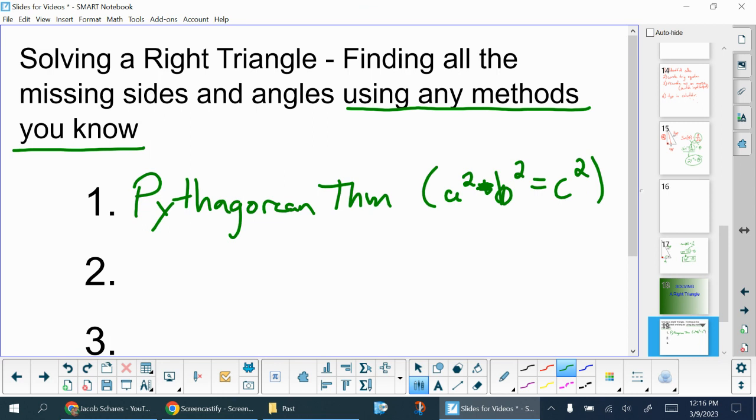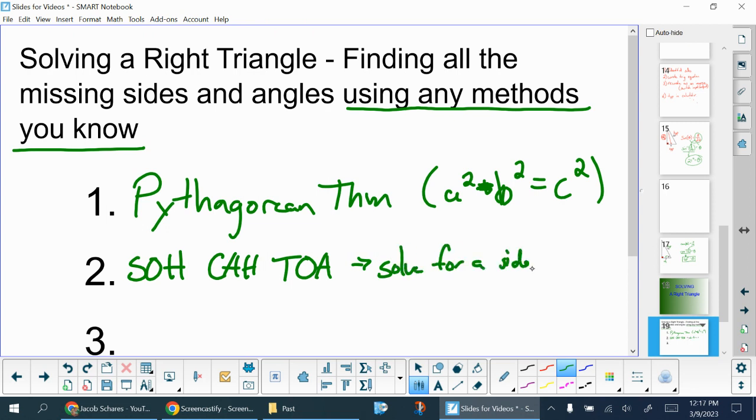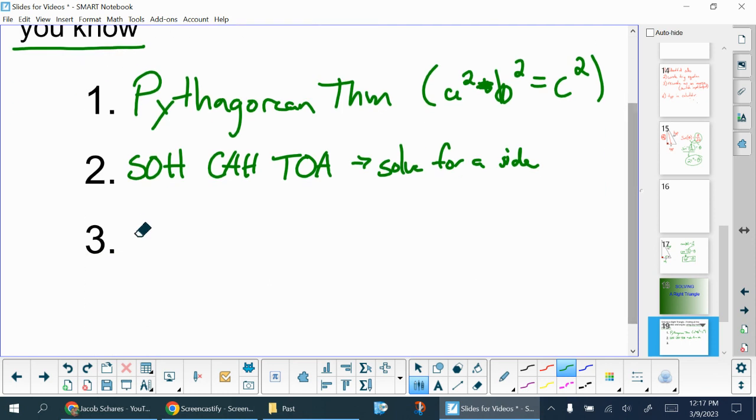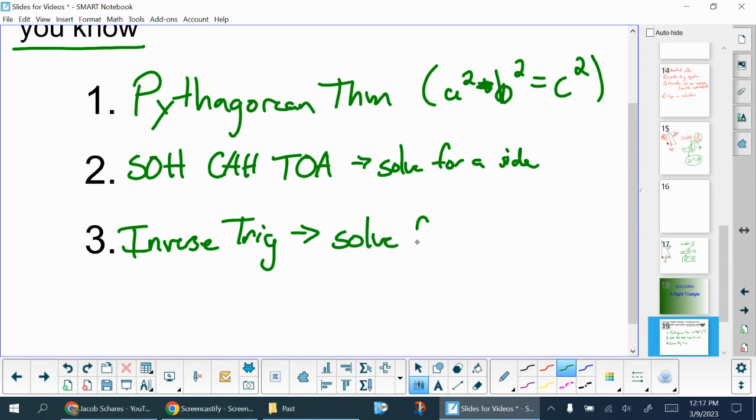We can also use SOHCAHTOA, regular old right triangle trig, to solve for a side. And then we can also use our inverse trig. So inverse sine, inverse cosine, inverse tangent to solve for an angle.